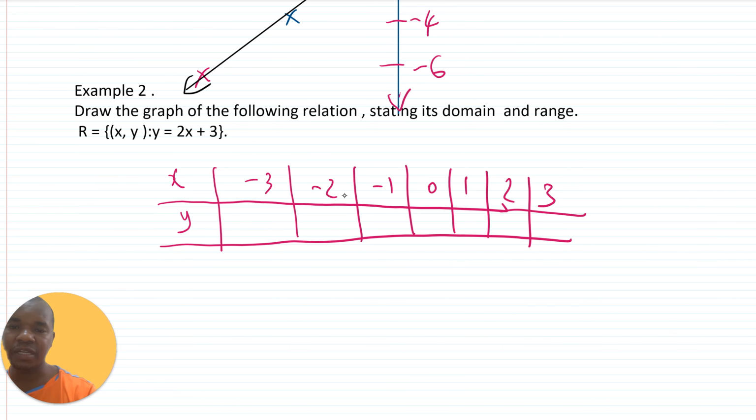Then you're going to plug these values into the given equation. For -3, -6 plus 3 will be -3, for -2, -4 plus 3 will be -1, for -1, it is +1, for 0 we have 3, for 1 it will be 5, for 2 it will be 7, and if you put 3, you're going to have 9, dear students.